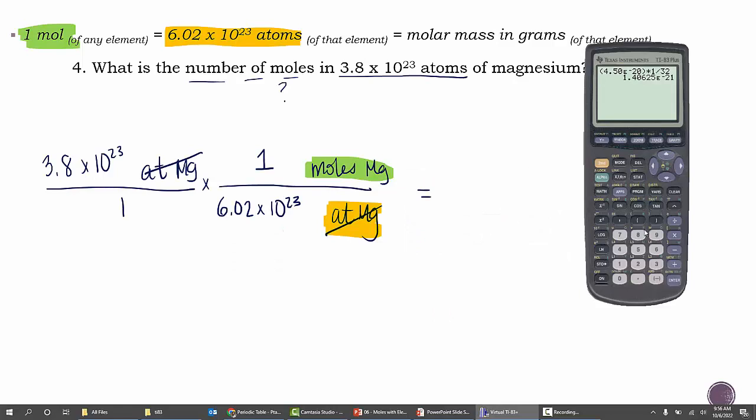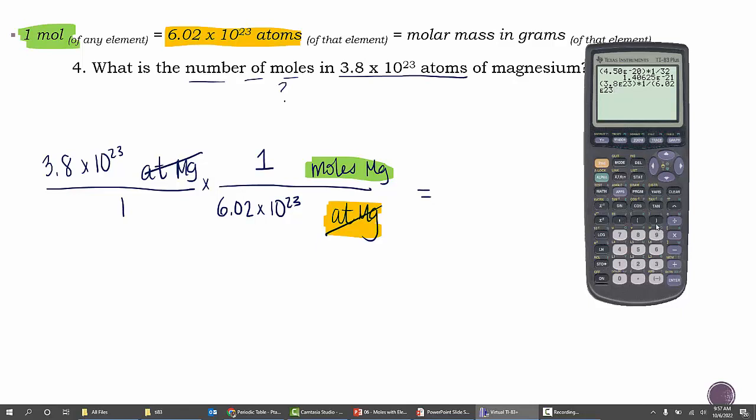We're going to do 3.8 times 10 to the 23rd in parentheses. There we go. And then we're going to multiply by 1, and then we're going to divide by, open parentheses, 6.02 E23.